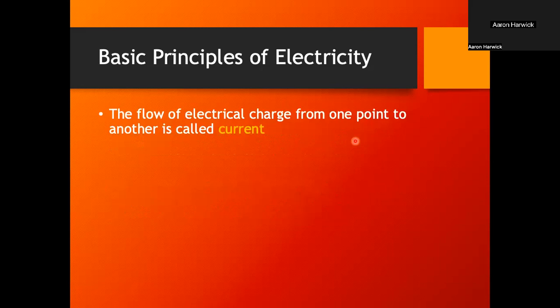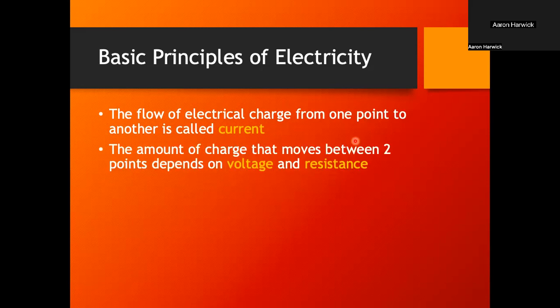The flow of the electrical charge from one point to another is called the current. The amount of charge that moves between 2 points depends on both the voltage as well as the resistance.